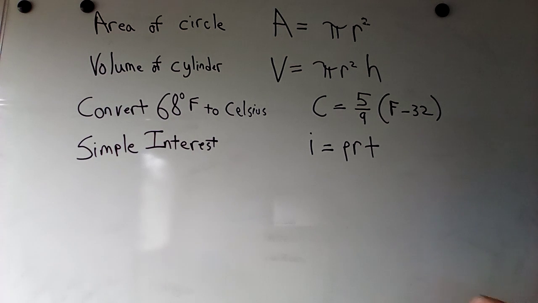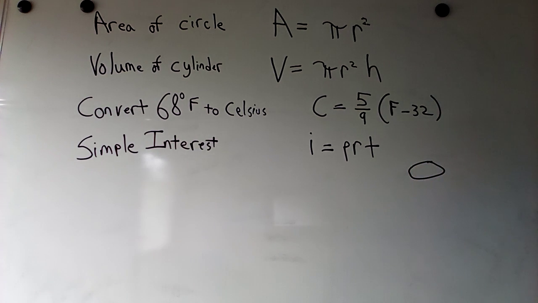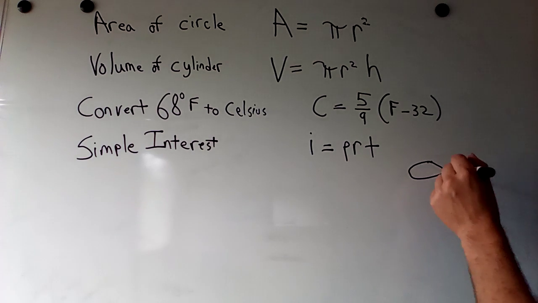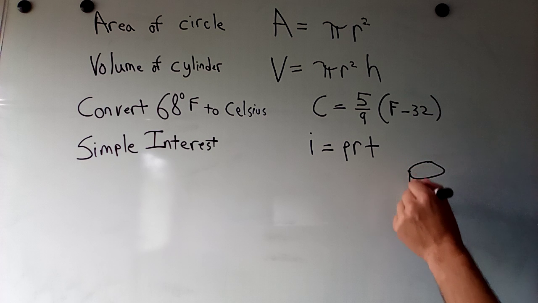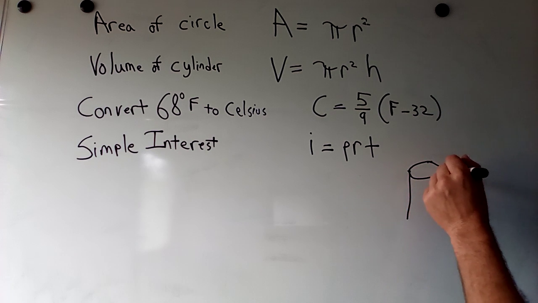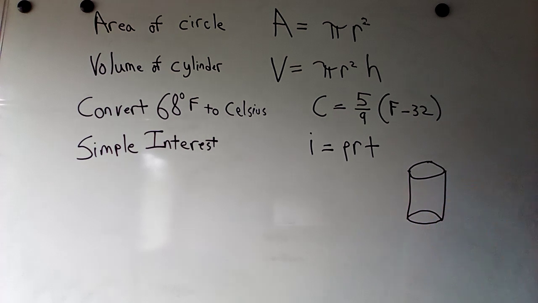The second one is the volume of a cylinder, and that works the same idea. You take the volume of a cylinder, which is very difficult for me to draw, and perhaps you're a better artist than I am. I'm sure that you are, but something along these lines right here. There's a cylinder.